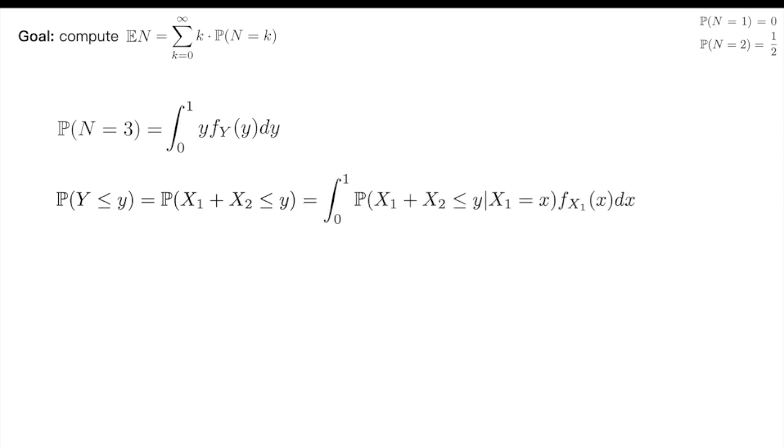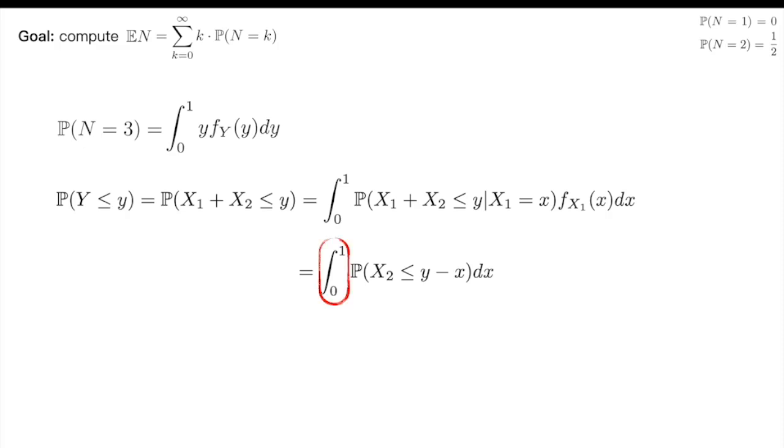Now we condition on capital X1 being some small x. We use the same formula again. We can plug in this fixed small x and the uniform distribution of capital X1 and X2, and we get some formula like this. And here is something we need to pay attention to.